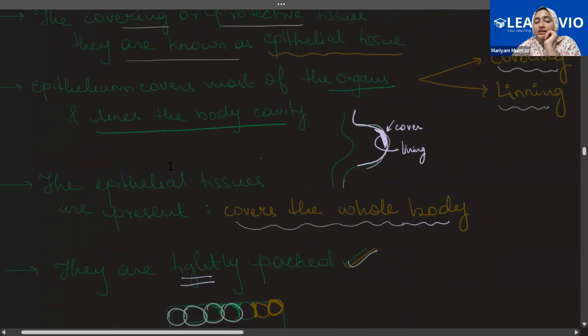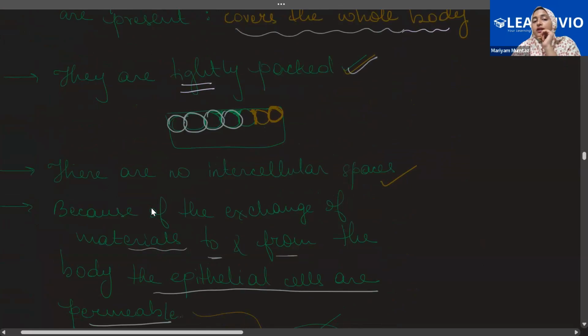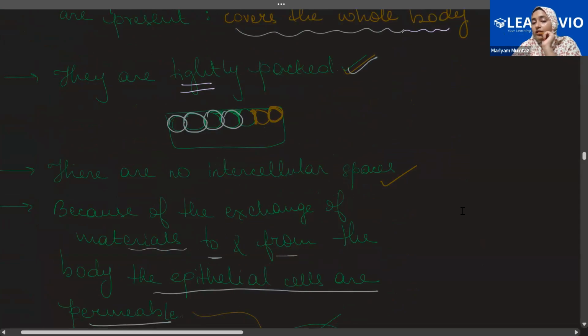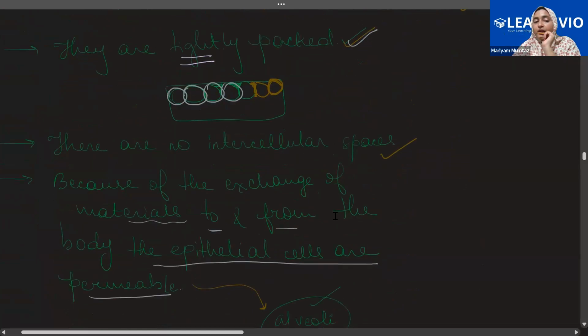Now, the epithelial tissues cover the whole entire body. Talking about the features of the epithelial tissue, they are tightly packed, and since they are tightly packed, they do not have intercellular spaces present in them.